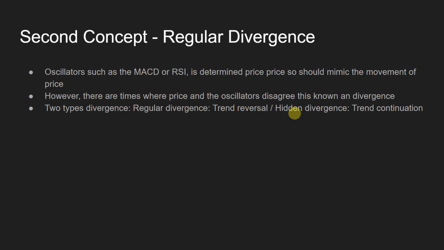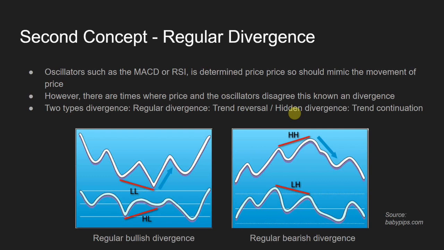Or there's hidden divergence, which is a trend continuation, where price continues in the direction it is currently traveling. In this scalping strategy, we're only going to be looking at regular divergence. So let's go into some visual aids to really help us understand what I'm talking about.